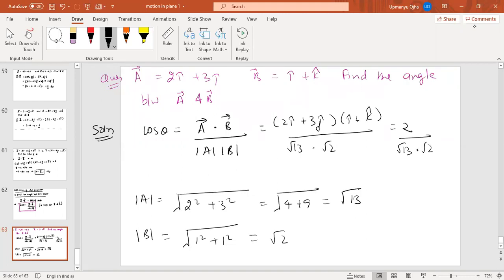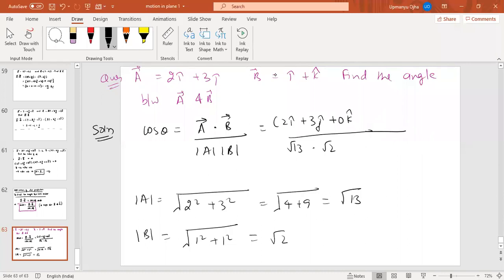Correct now? Did you get this or not? See, if you have doubt, you just look at this. 2 I cap and 3j cap. So here k cap is 0. Just wait, I will do it, otherwise you will get confused here. Okay. See, A vector is 2 I cap plus 3j cap plus 0 k cap.